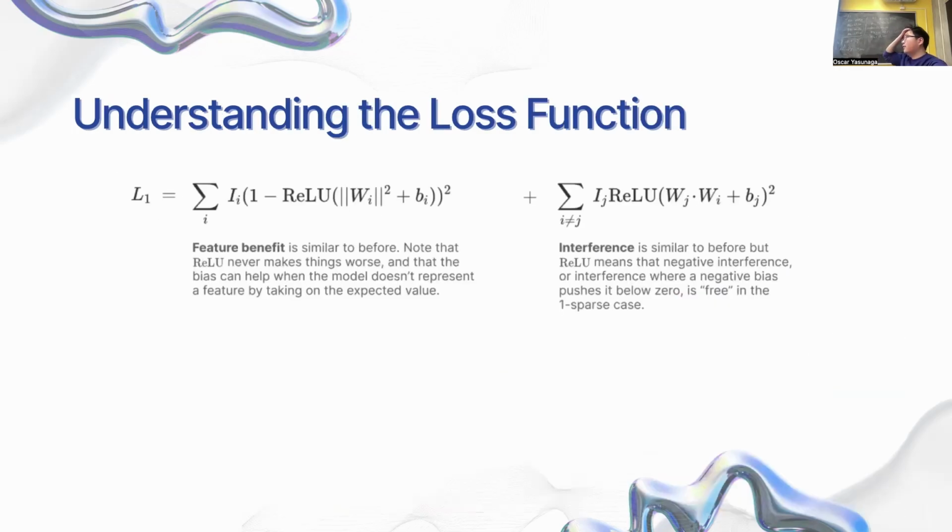Okay. And then after some math, you can separate this loss function into two components. The first component is the benefit of representing a feature. And the second component is what we call interference, or the dot product between one feature, let's say one row of that input vector, and a different row of that input vector, right?